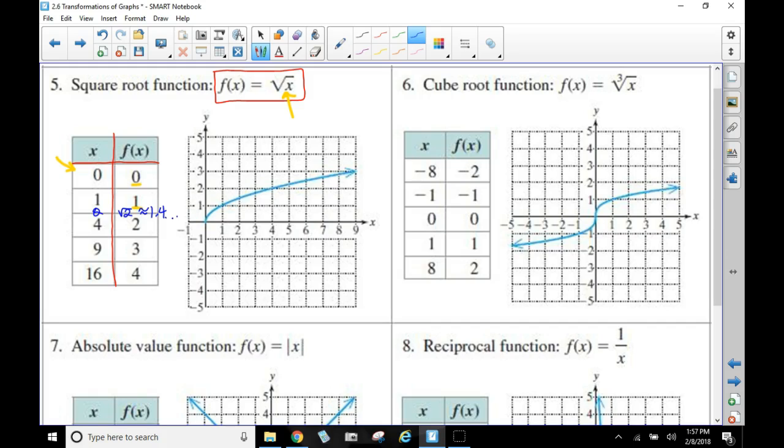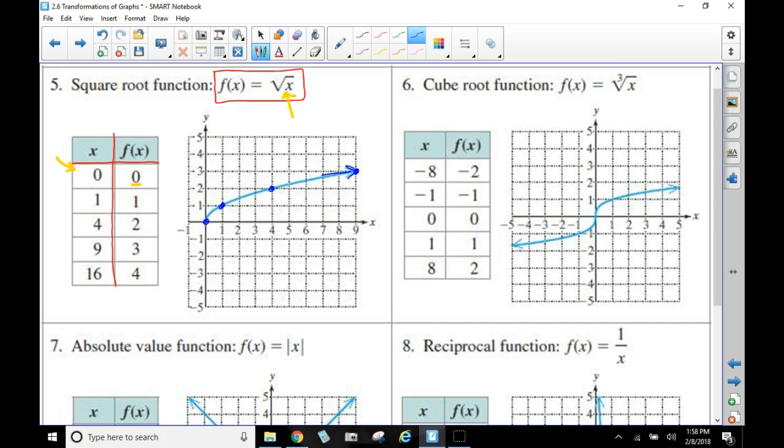So you do see the 2, 1.4 on there, but that's not actually a key point because it's not pretty. I'm just having to say 2, 1.4-ish. Okay, that's not quite good enough. So these are our key points that are on the table. We've got 0, 0; 1, 1; 4, 2; 9, 3; and then 16, 4.